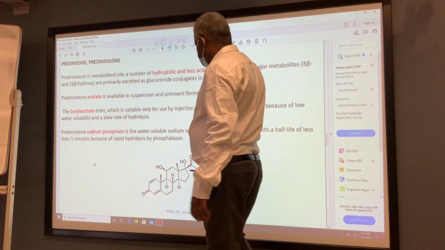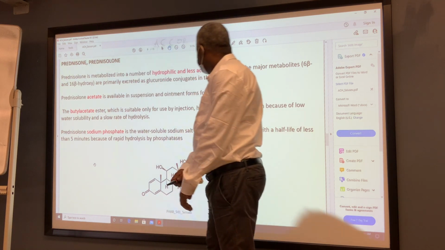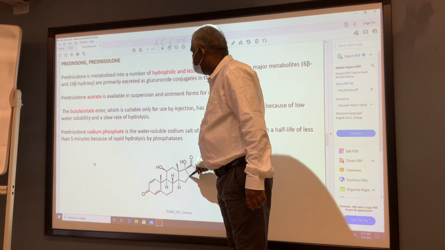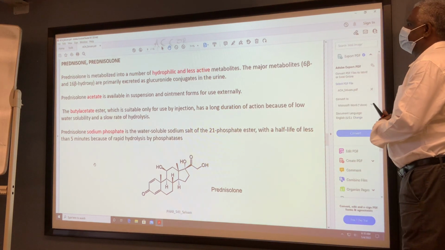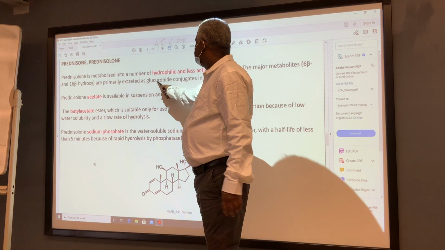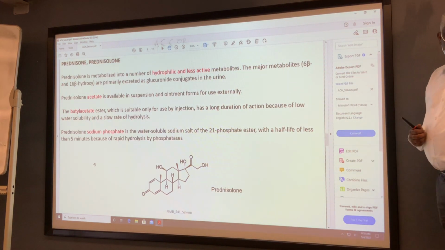So a hydroxy is introduced at carbon 6 or at the 16th carbon, with beta stereochemistry. Those are the possible phase 1 metabolic reactions, followed by phase 2, which goes to the glucuronide conjugate. Those are water soluble and excreted. So phase 1 metabolites are less active, and phase 2 metabolites are water soluble and excreted.